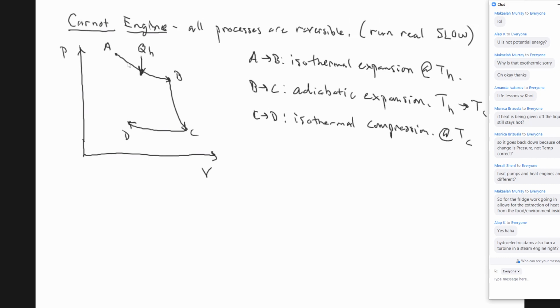And last but not least, we have a very fast compression to get back to where we started. So from D to A, we have another adiabatic compression. Going from something cold to something hot, and we're heating it up again. And this is the cycle that we have for our heat engine.